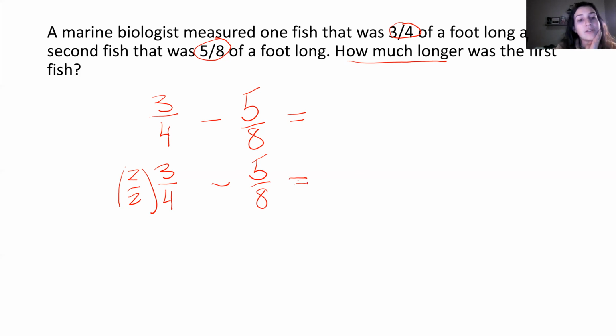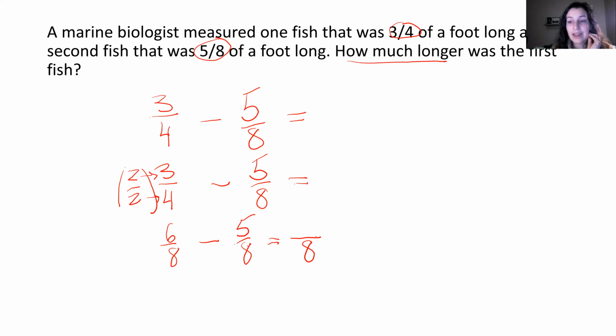So continuing that, we have 2 times 3, that's going to be 6 in our numerator, and 2 times 4 for our denominator is going to be 8, take away 5/8. And now we just have to worry about subtraction. Remember, with fractions, when you're adding or subtracting with like denominators, you can leave the denominator alone and just worry about the numerator.